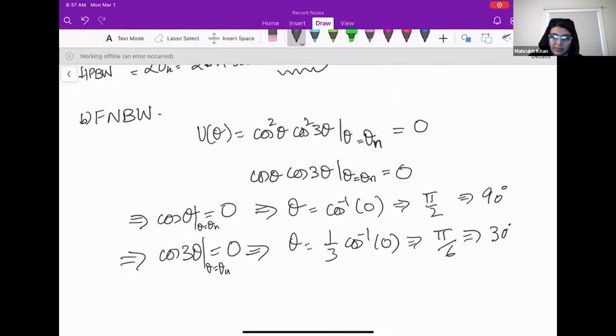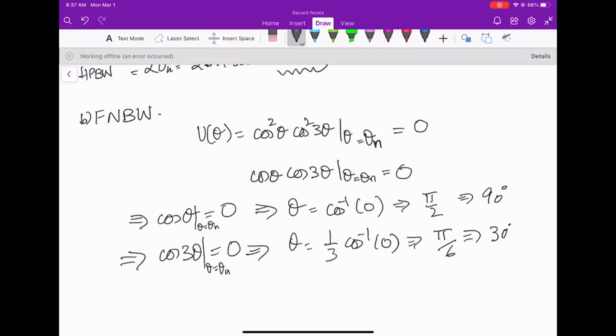So either of them will be 0, your radiation intensity will be 0, right? So we will take the first point when your radiation intensity will be 0. What do you think will be the first point, 30 degrees or 90 degrees? 30 degrees, why?